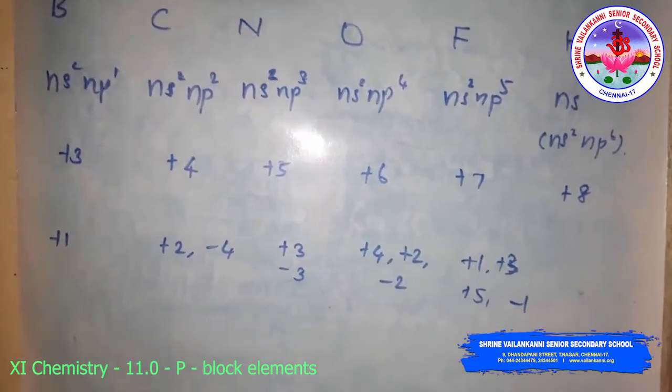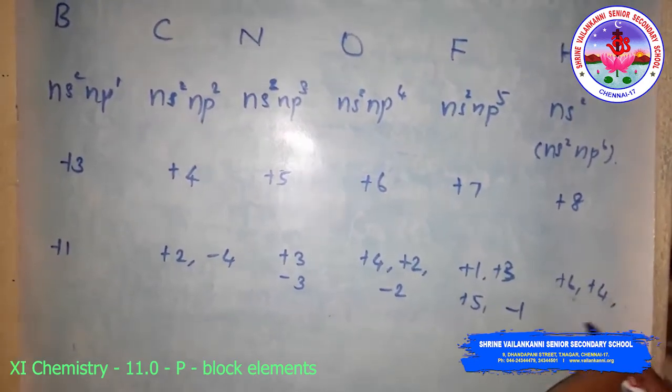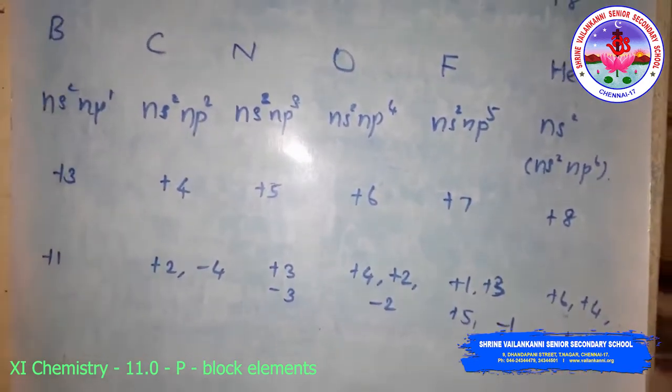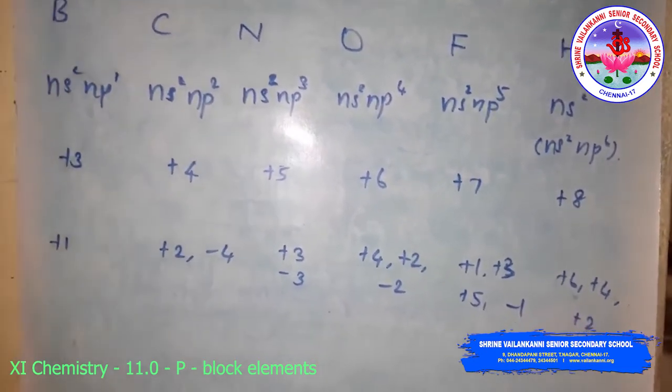Then the noble gases have +6, +4 and +2 oxidation states. These are the other possible oxidation states.